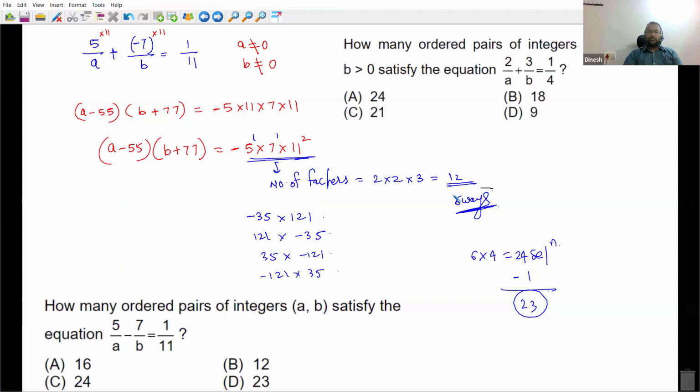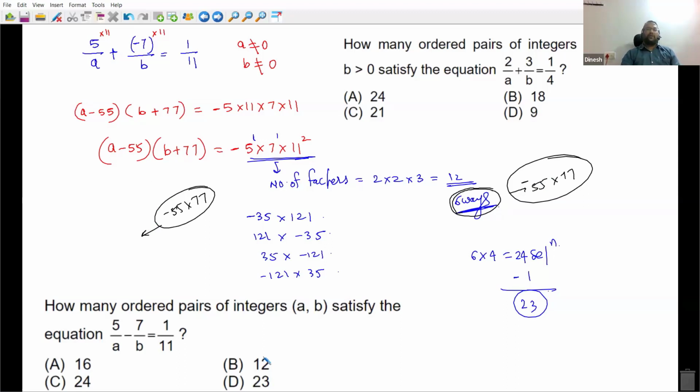Yes, still there is a solution. Out of the 6 ways, one of the ways 55 into 77 minus 55 into 77 are getting us. So minus 55 into 77, when is it going to happen? When A is equal to 0, B is equal to 0. Put over here, A is equal to 0, B is equal to 0, left hand side and right hand side will get equal. It means 0, 0 is one of the solutions. Are you getting this? Yes, sir.